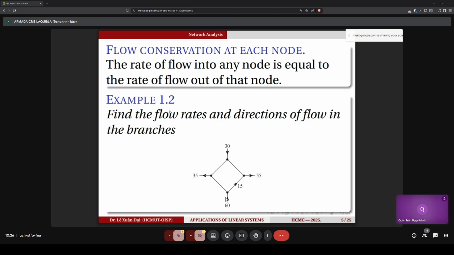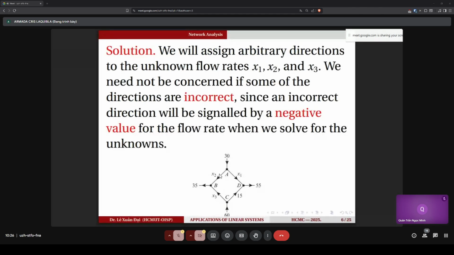So for example, this is going in here at point A. Look at here, 30. It goes in here at A. So we expect that x2 will go out here, and then x1 will go out, flow out. Okay. Now for C here, x3 is here, so we expect it will go there at the B, and then that's it. So we have this one.